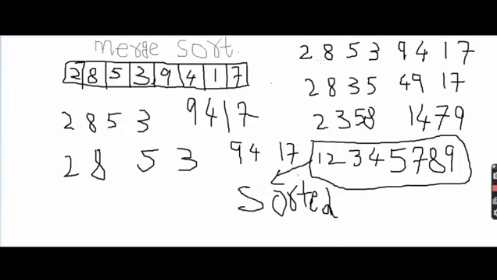We got one sorted list at the end, as we merged all the elements with each other one by one, and we got the sorted list as 1, 2, 3, 4, 5, 7, 8, 9. So this was all about merge sort, where we used the divide and conquer approach and sorted the array recursively.